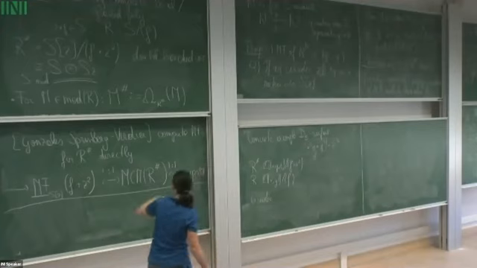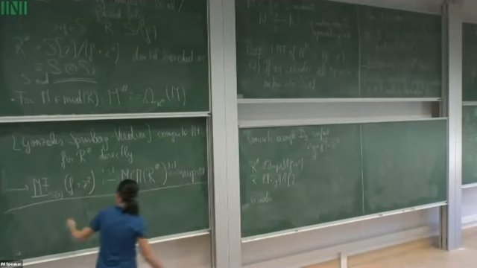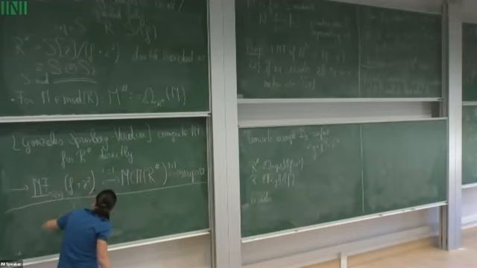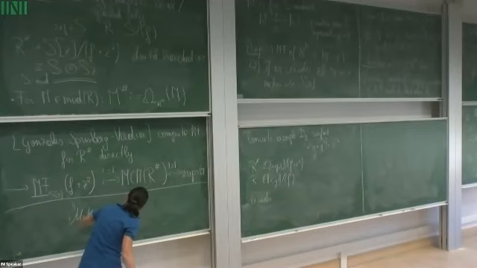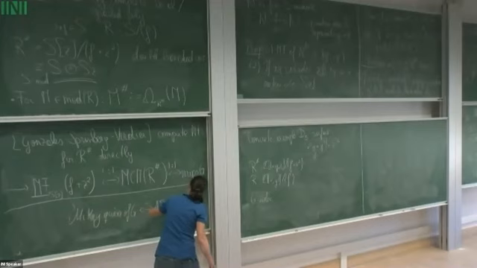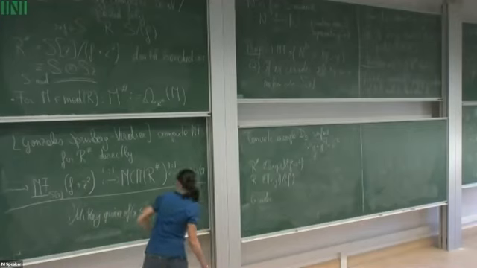Why do I know this? Because we also know that in this case G is precisely the same as the AR quiver of R sharp.